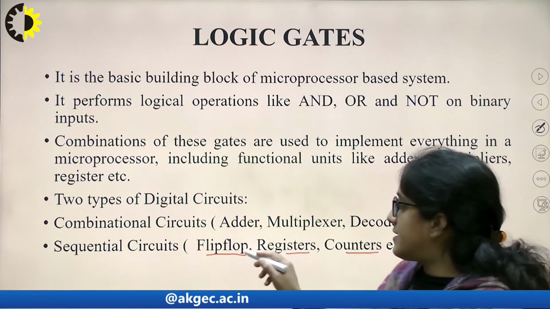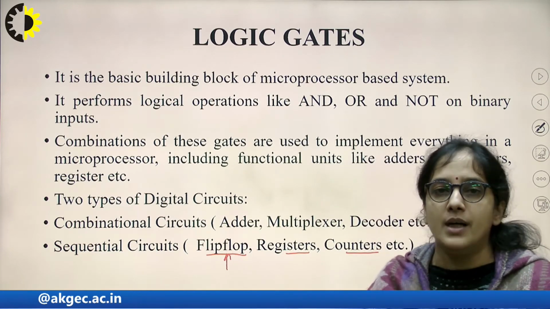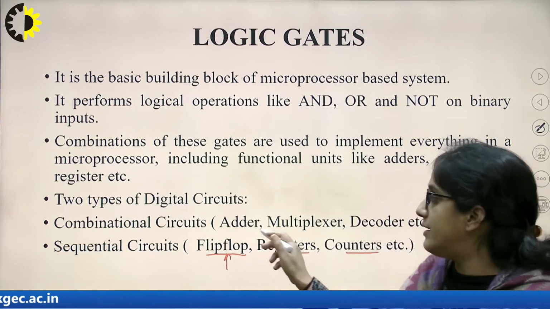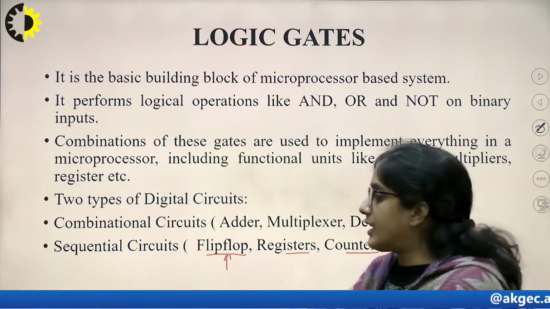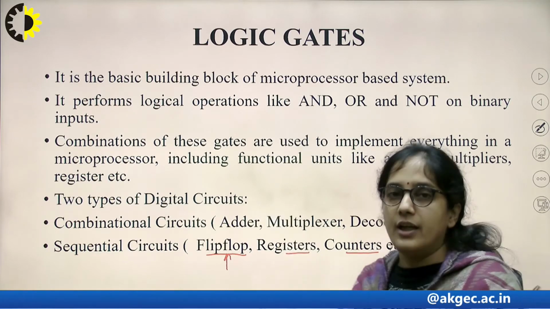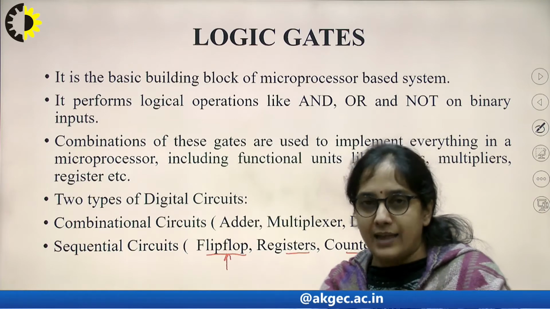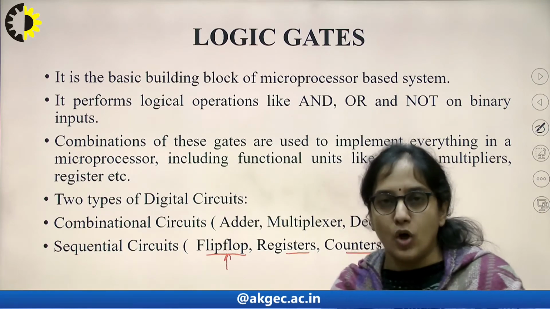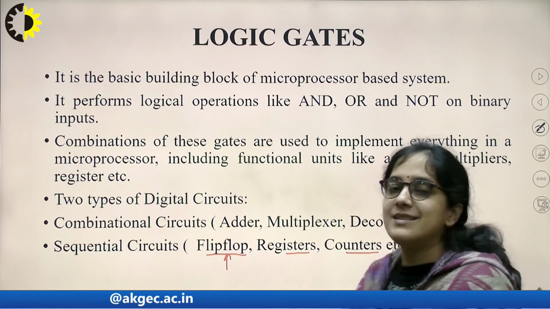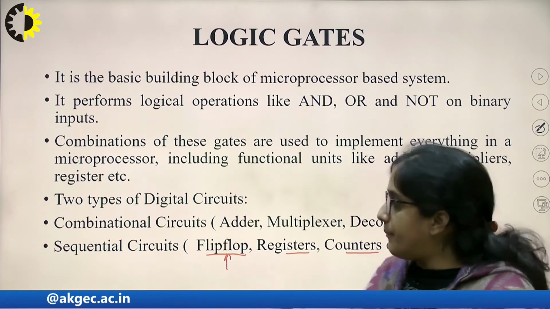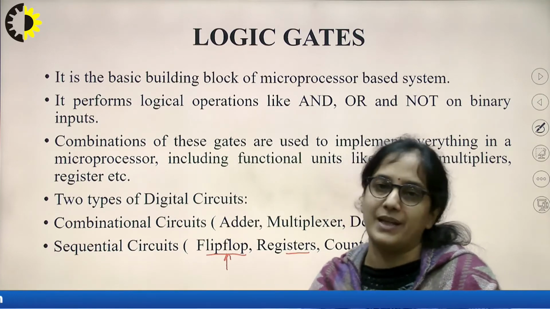To design this flip-flop we need logic gates. Even the adder and multiplexer have to be designed. There are two types of adder, half adder and full adder, and both are designed using a combination of XOR gate and AND gate. So we need the basic gates to design all these digital circuits, and these digital circuits are used to implement our microprocessor.